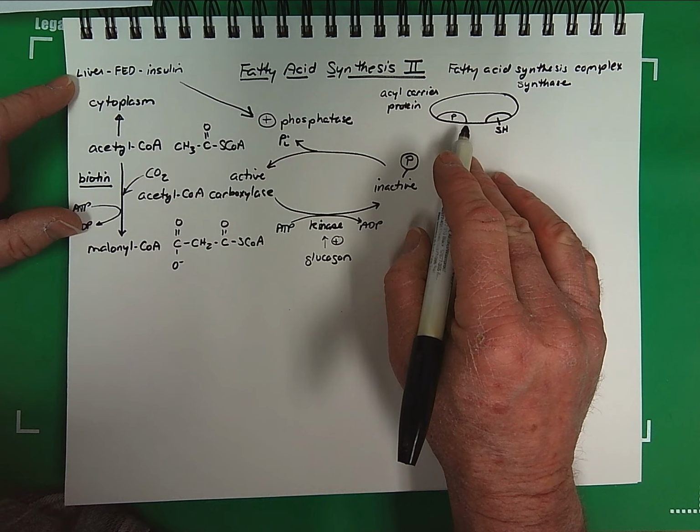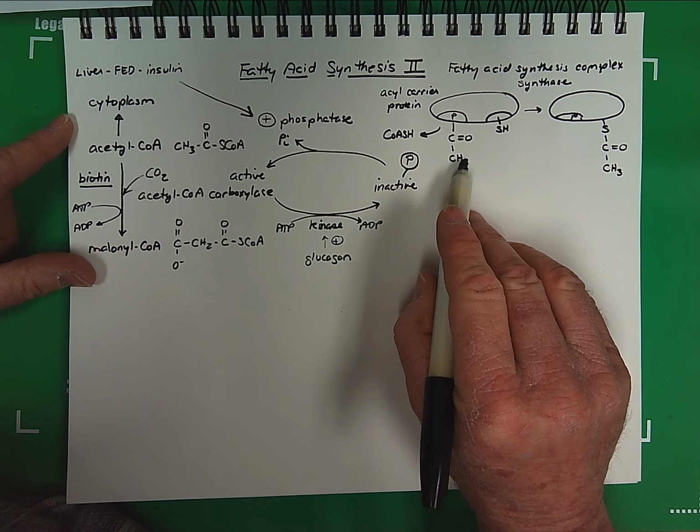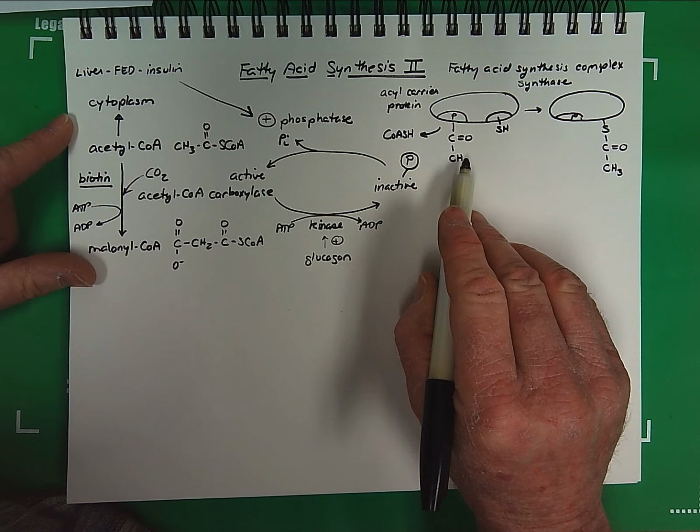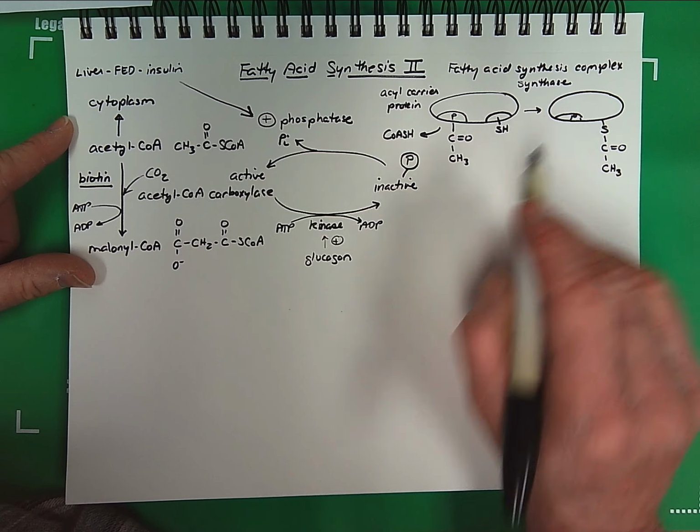So we are simply shifting the acetyl group located on the P site to the sulfhydryl on the next protein, leaving the P site open.